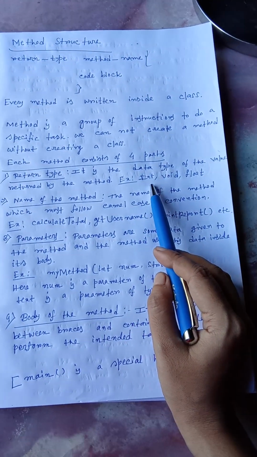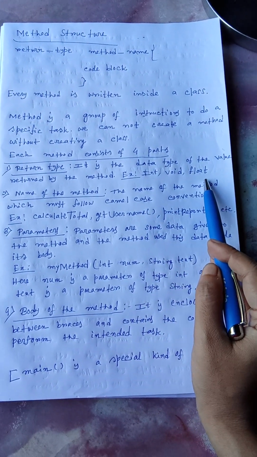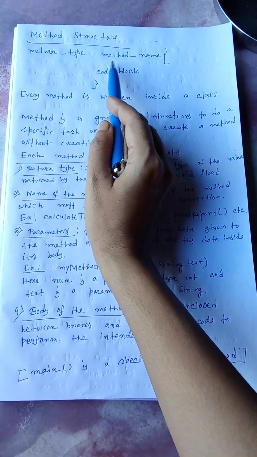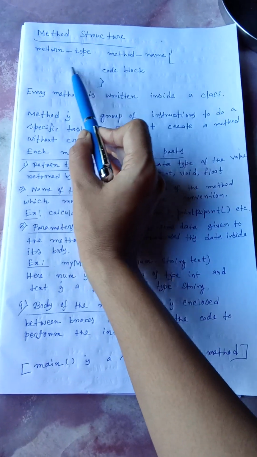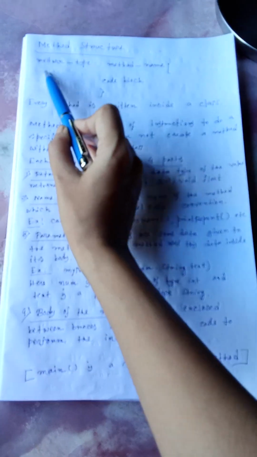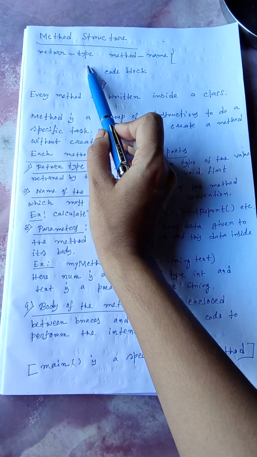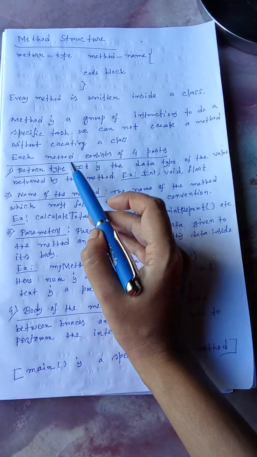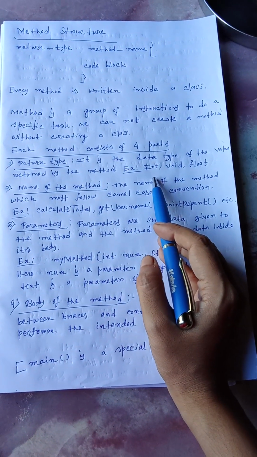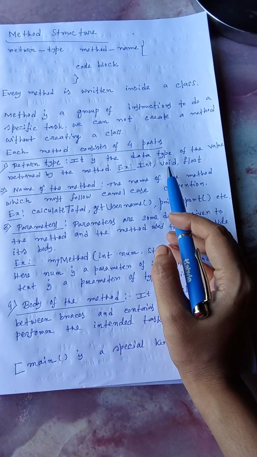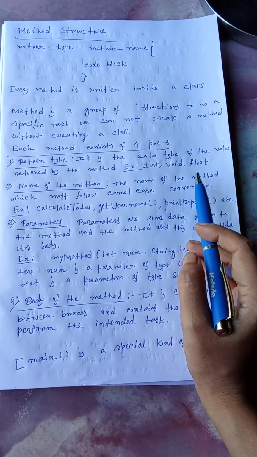Examples are int, void or float. So whenever we are creating any method, we have to mention the return type of the method, whether it's int or it's void or it's float. Okay. There are mostly 3 return types. These are int for integer, void and float for floating point numbers.